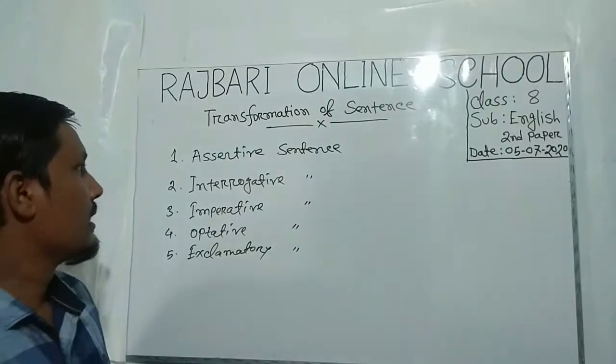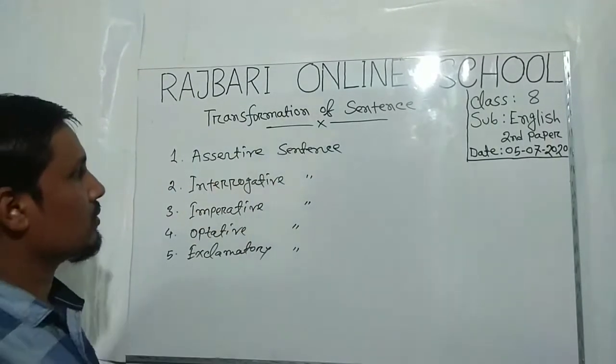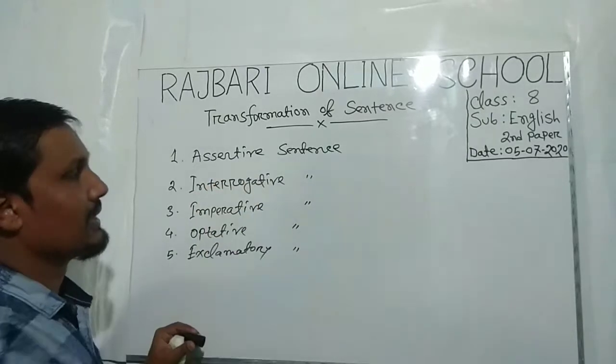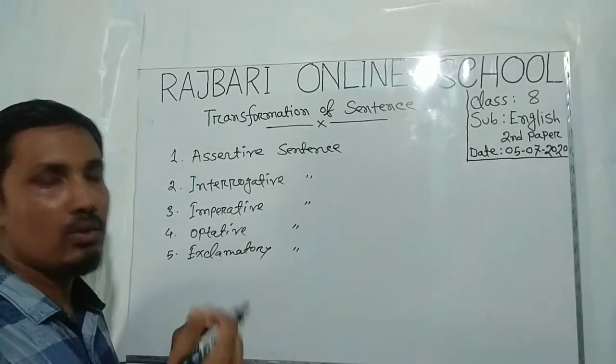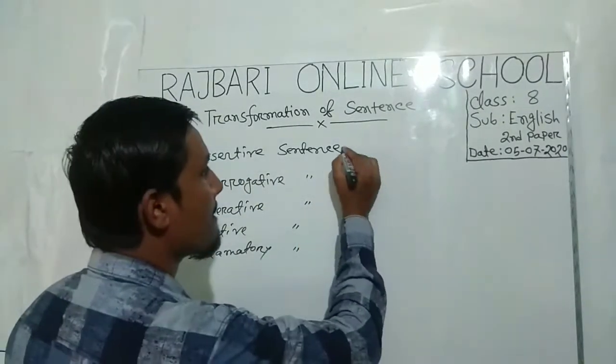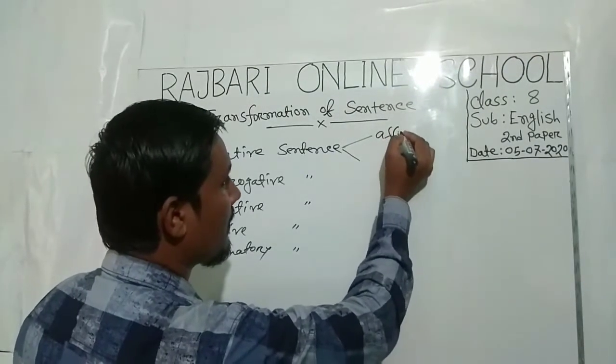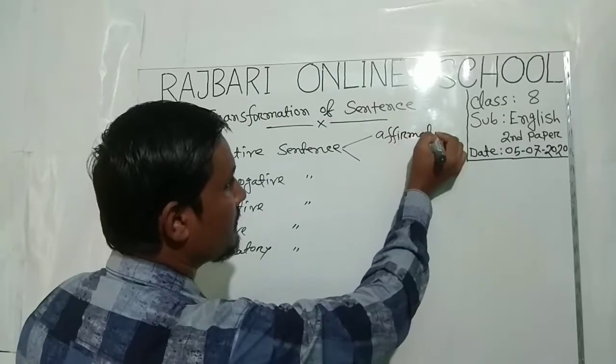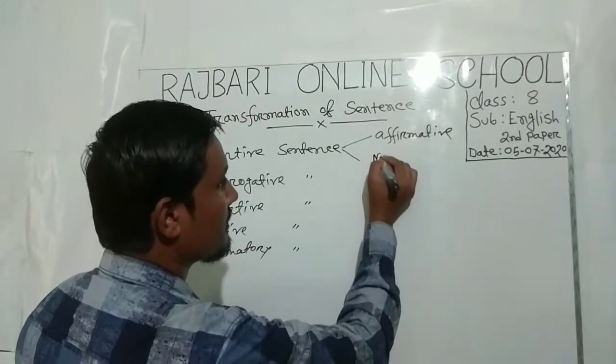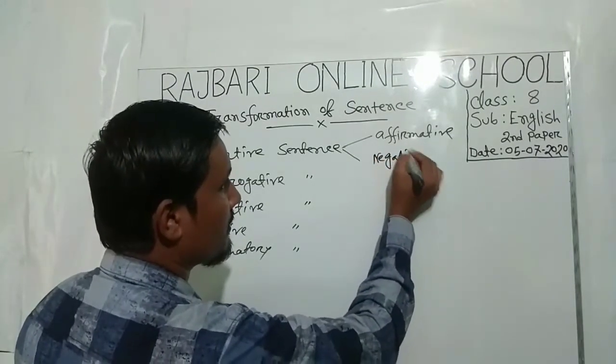Especially, we know that assertive sentence is of 2 kinds. How many kinds? 2 kinds, that is affirmative and negative.